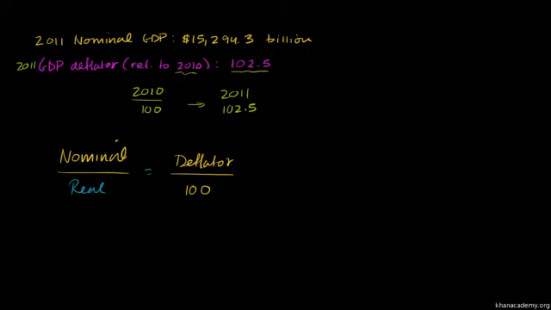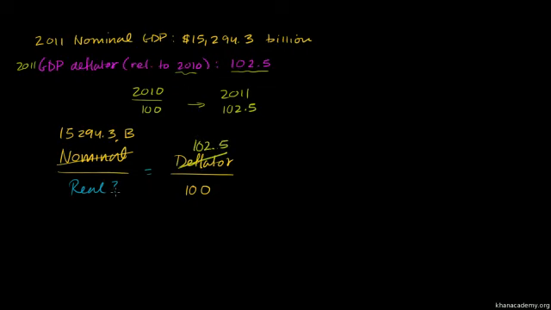So thinking of it that way, our nominal current dollar GDP is $15,294.3 billion, or 15.2943 trillion, either way. Our real GDP is what we want to figure out. We do not know what this is. And we know our deflator. We know that things have gotten 2.5% more expensive, or that our deflator is 102.5.